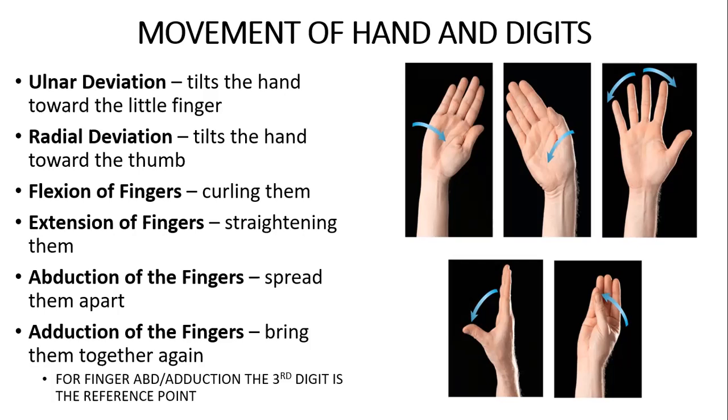Remember I said in that first PowerPoint that all movements begin with the anatomic position. But here's the thing. We don't always treat everybody in the anatomic position. But you as PTAs have to think in the anatomic position. So here is your quandary.